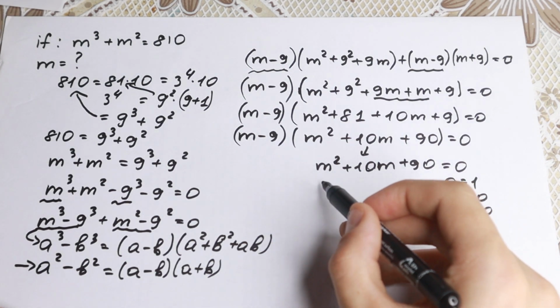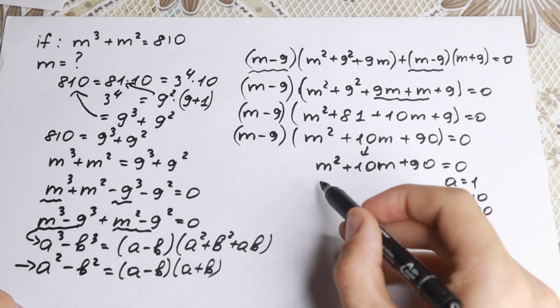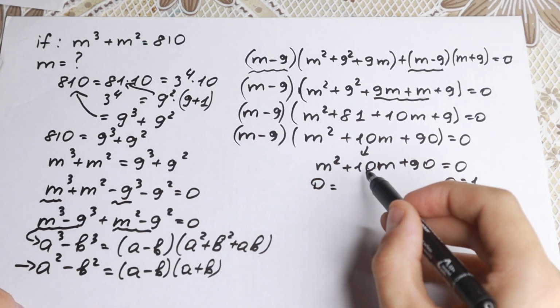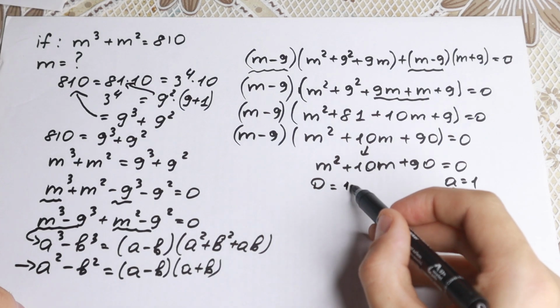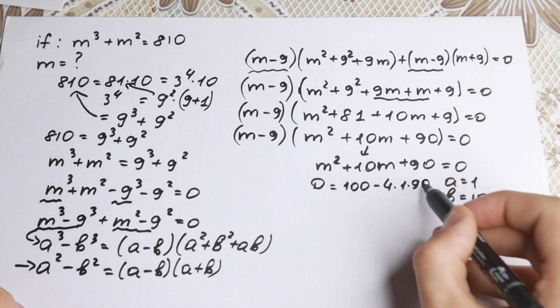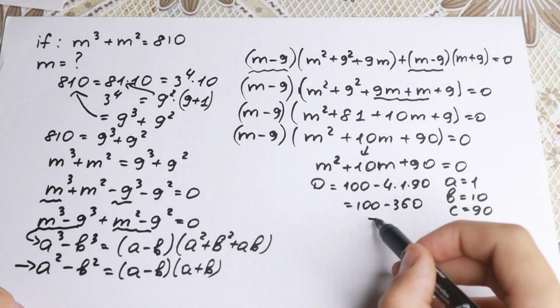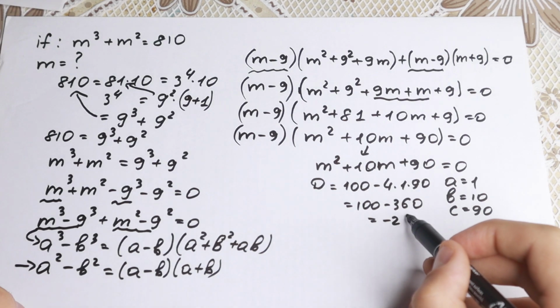Of course, let's try with the discriminant. The discriminant equals b² = 100 minus 4 times 1 times 90. So we will have 100 minus 360, which is equal to minus 260.